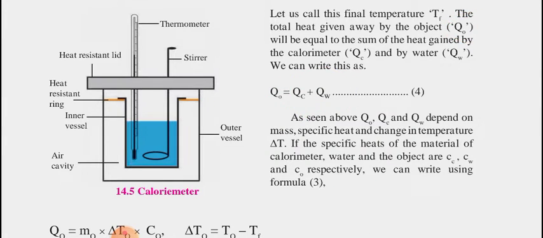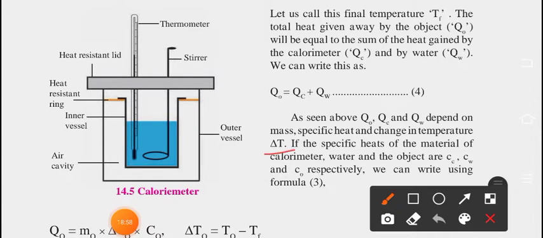Okay, so as seen above, Qo, Qc and Qw depend on mass, specific heat, and change in temperature, delta T. This delta T means change of temperature, whether higher to lower or lower to higher.